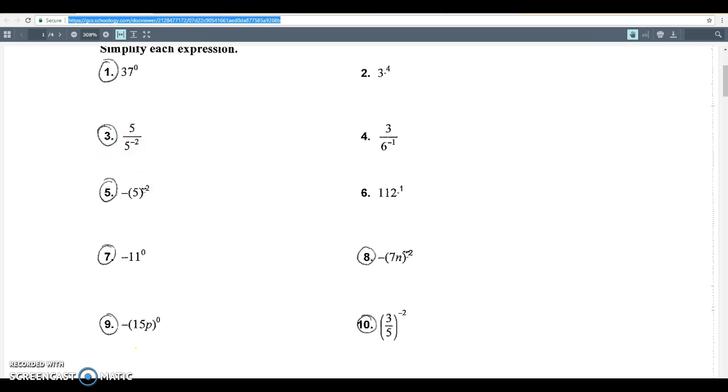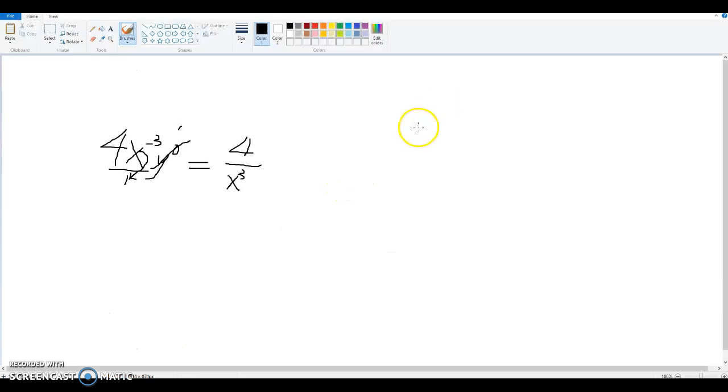Let's look at this one: 5 over 5 to the negative 2. This time, since the negative exponent is in the bottom, we can move it up top. So that's equal to 5 times 5 squared. And we're just adding exponents. 5 by itself is the same thing as 5 to the 1.